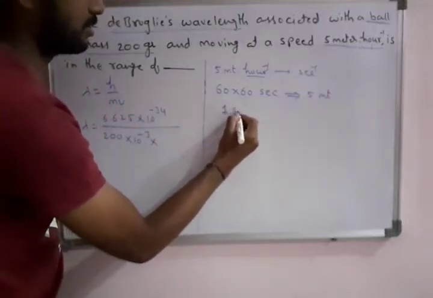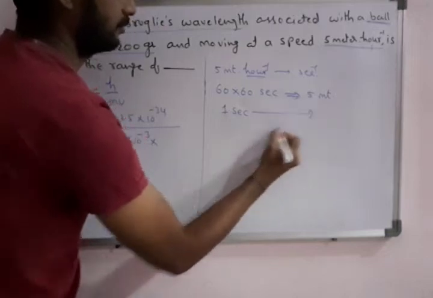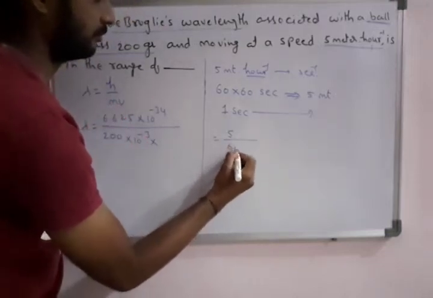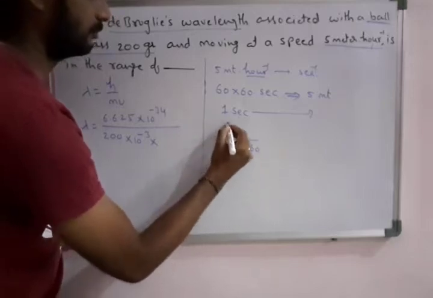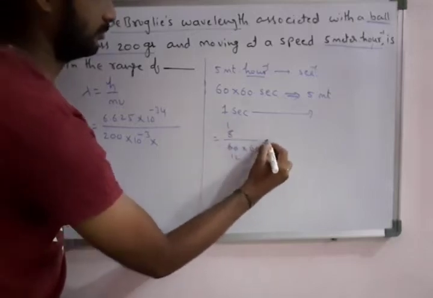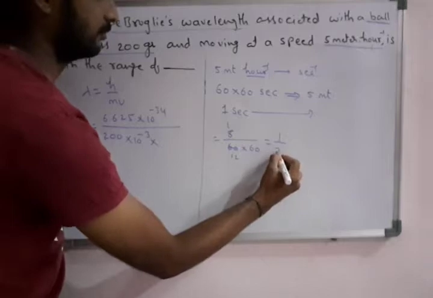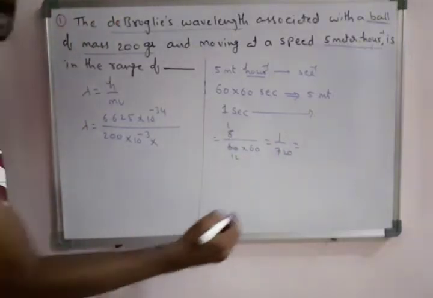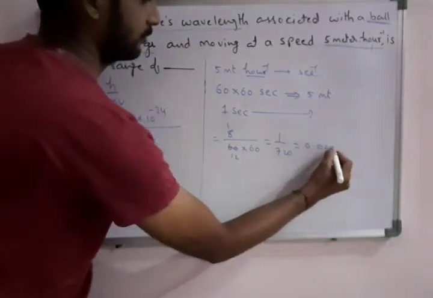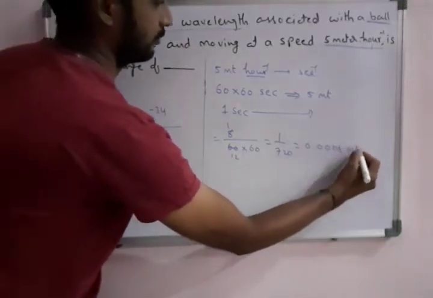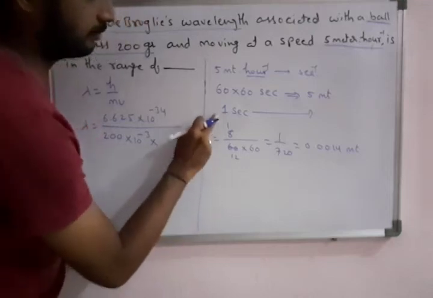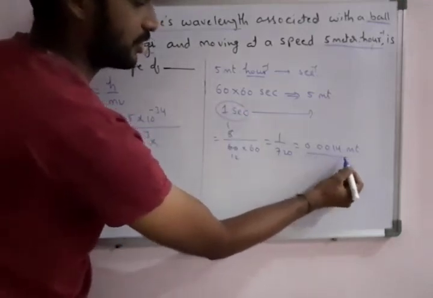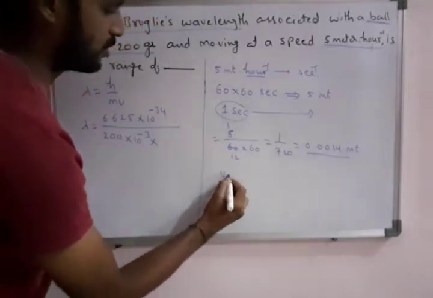So what about in 1 second? Upon this calculation, approximately we get 0.0014. That means in 1 second it travels 0.0014 meters. What is its velocity?